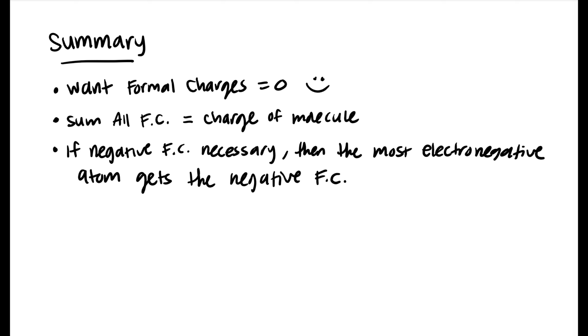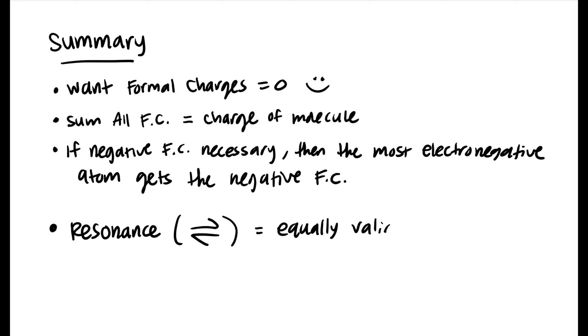And then if we have two or more equally valid Lewis structures, we have what we call resonance. So with resonance, you're going to use the double arrow between your Lewis structures. And this means you have equally valid Lewis structures.